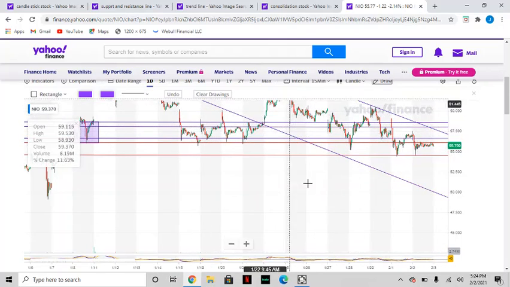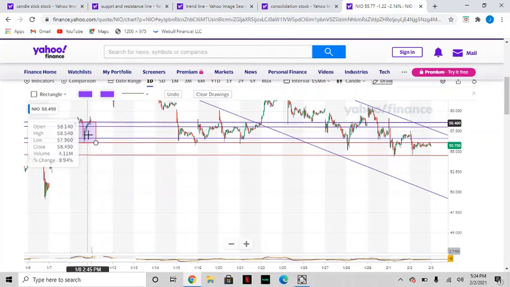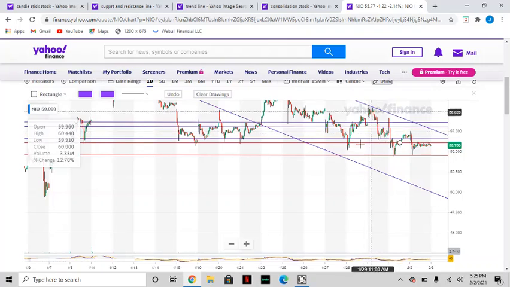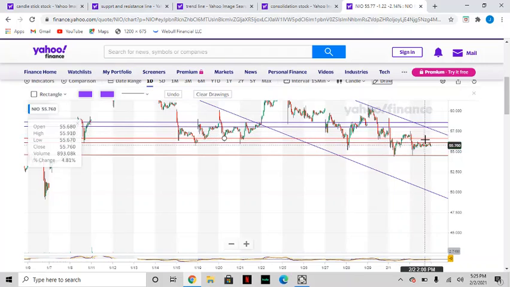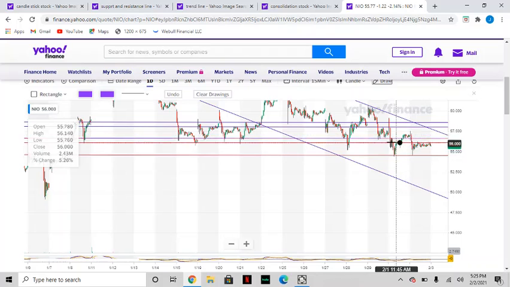It touches 56. $56 is a pretty good resistance line. It keeps moving across, touched here, here, here, pretty much here, here, and then over here, got below it just for a little bit. Then we have another one up here at 56, 57. It's also another strong support line.